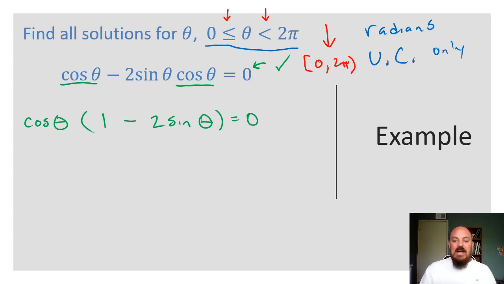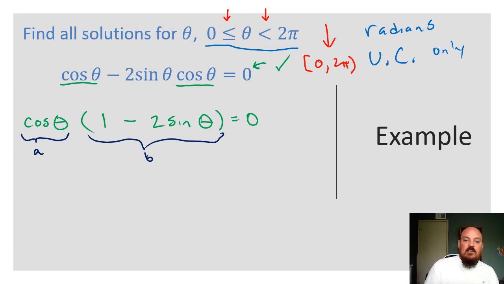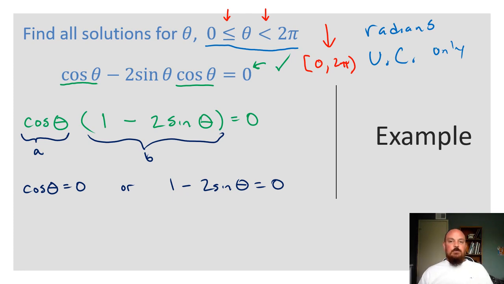So remember, if I wanted to match this with the zero product property, I could say this right here is basically A. This right here is B. And you have A times B is 0. So that means one of those two things equals 0. So either cosine theta equals 0, that was A, or 1 minus 2 sine theta equals 0, that was B.